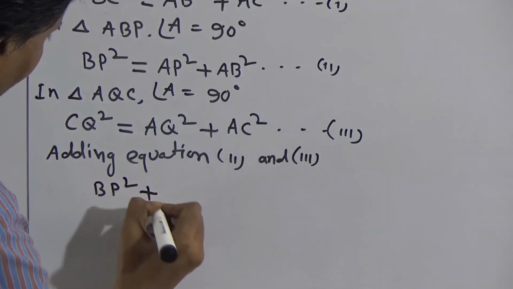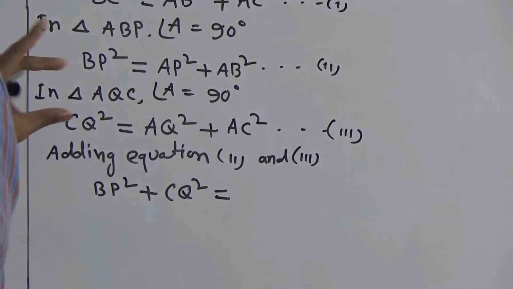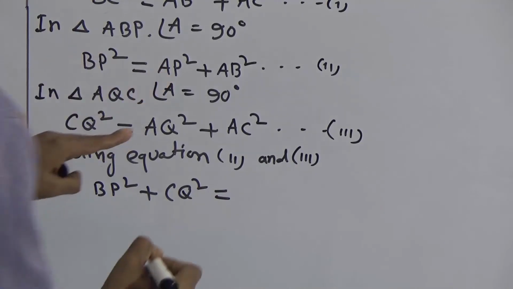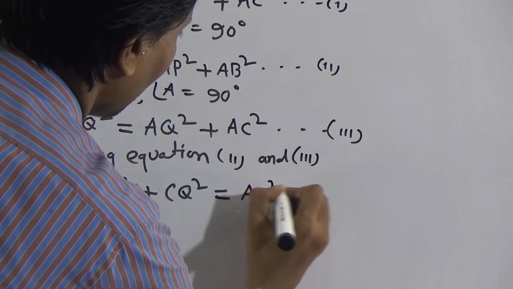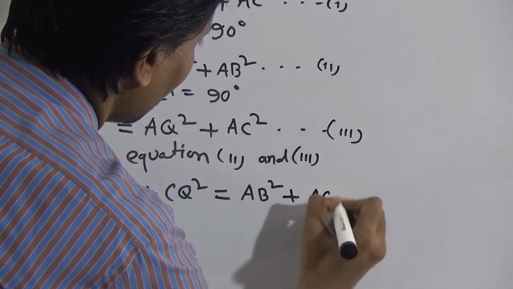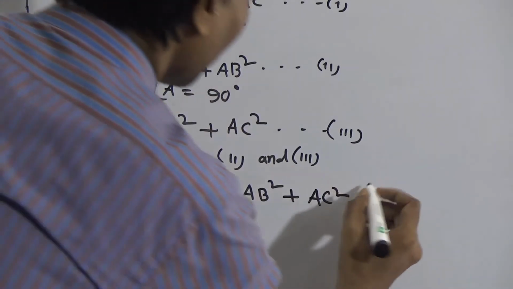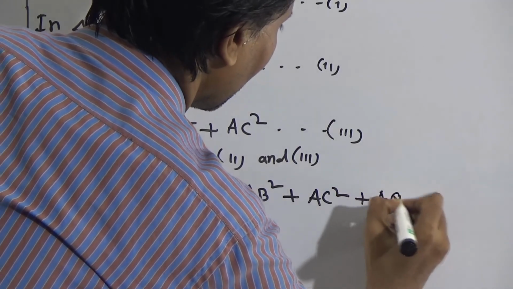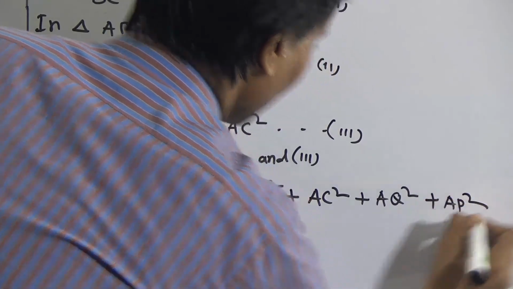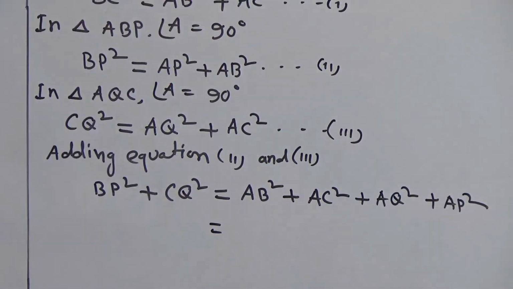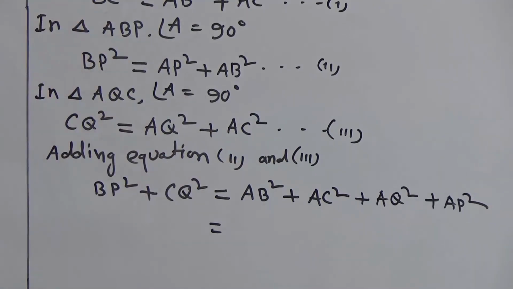BP square plus CQ square equal to what? AB square plus AC square, then AQ square plus AP square. Or, dear student, look, AB square plus AC square equal to what? BC square. Put here.